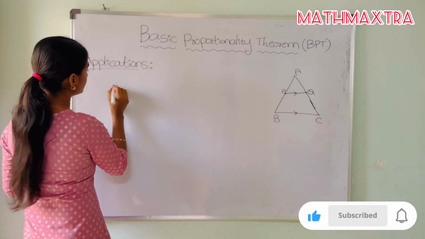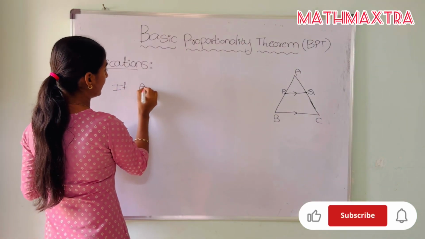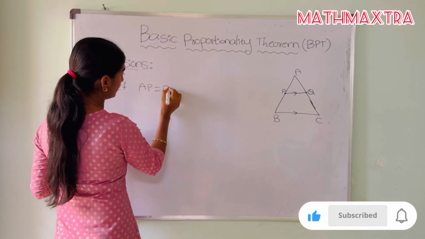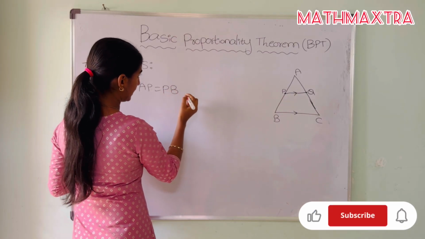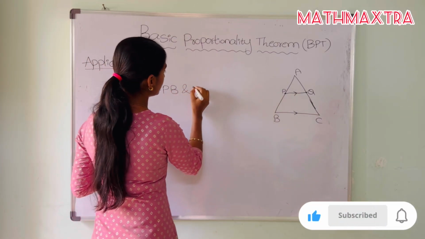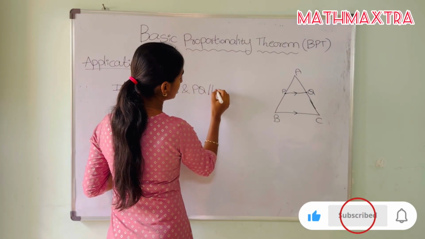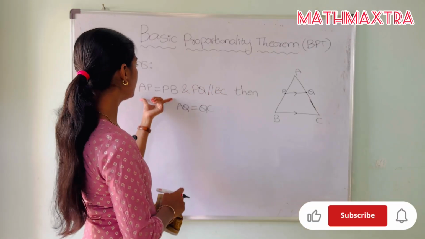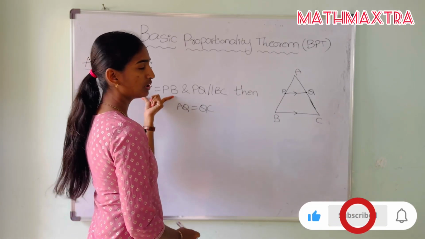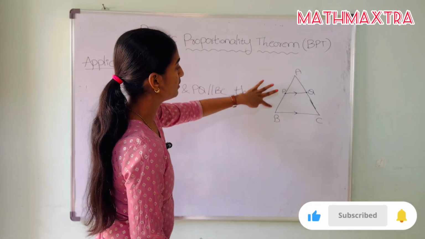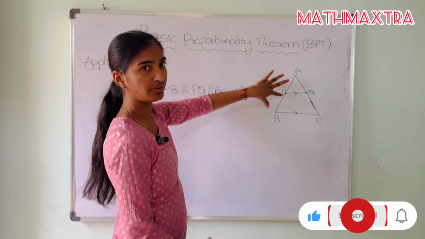If AP is equal to PB and this is parallel to BC. Then AP is equal to PB, nothing but we are considering the midpoint of AB.